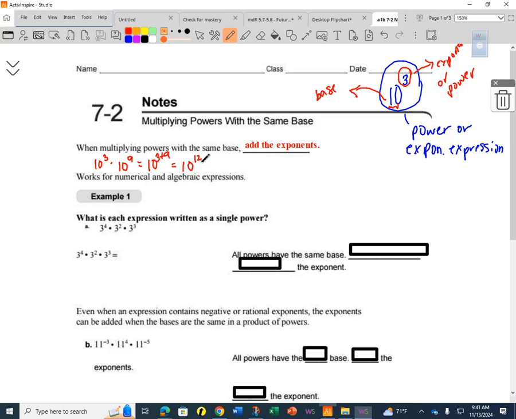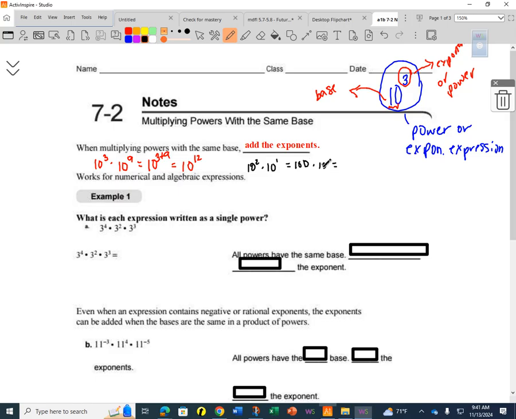Does that make sense, Kendall? Why is that possible? Well, real quickly, why does that work? We're going to do a smaller number so you can see. 10 to the first power times 10 to the second power. What's 10 to the second power, guys? 100, right? And that's times 10.